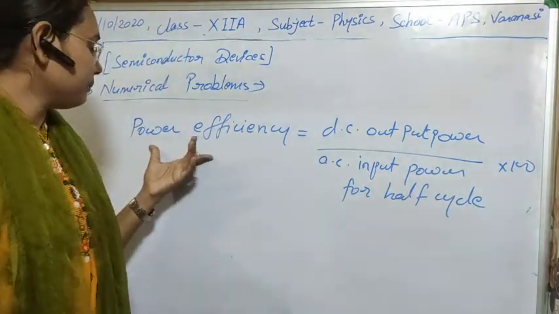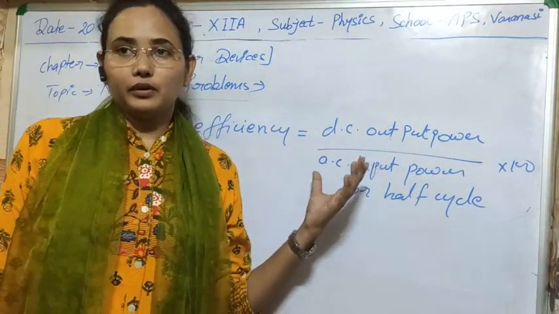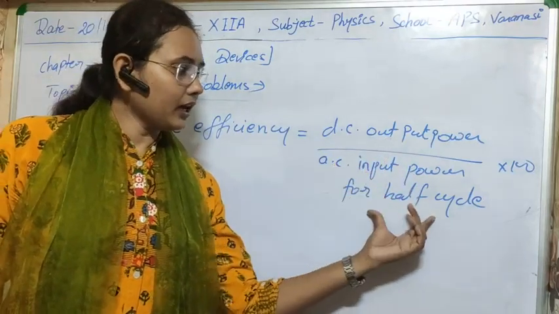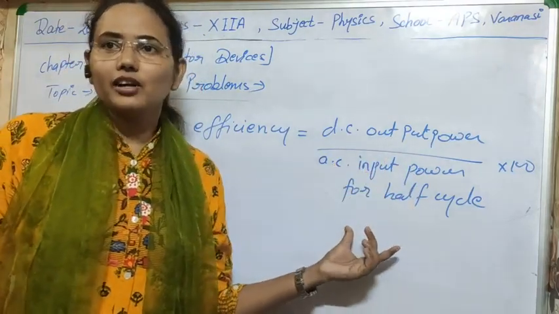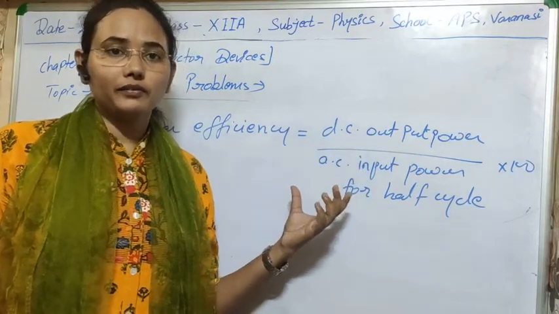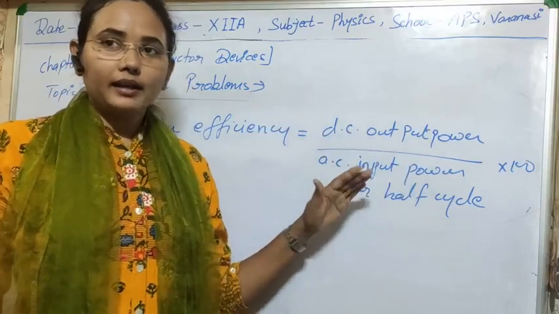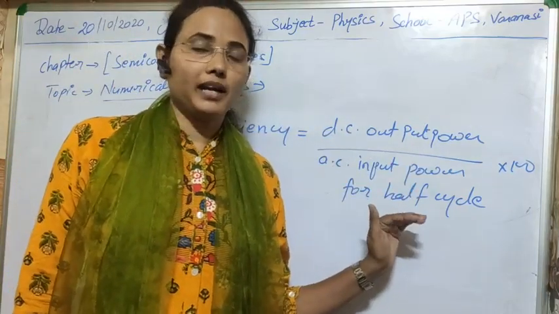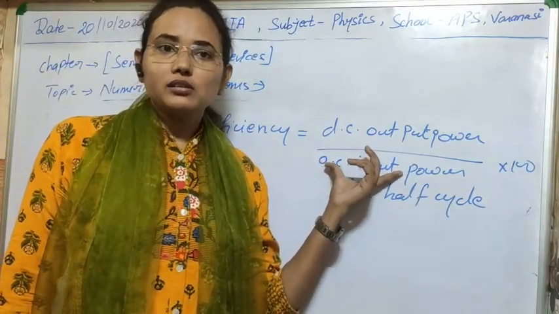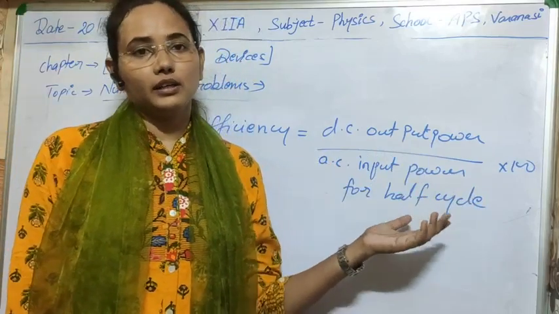So that's why, if we have to calculate power efficiency, then we have to take the input AC signal for only half cycle, because the other half of the cycle we are not using to convert. So to calculate power efficiency, you must keep this factor in mind. If it were the case of a full wave rectifier, then we would take simple AC input power, because we use both cycles in the conversion to DC.